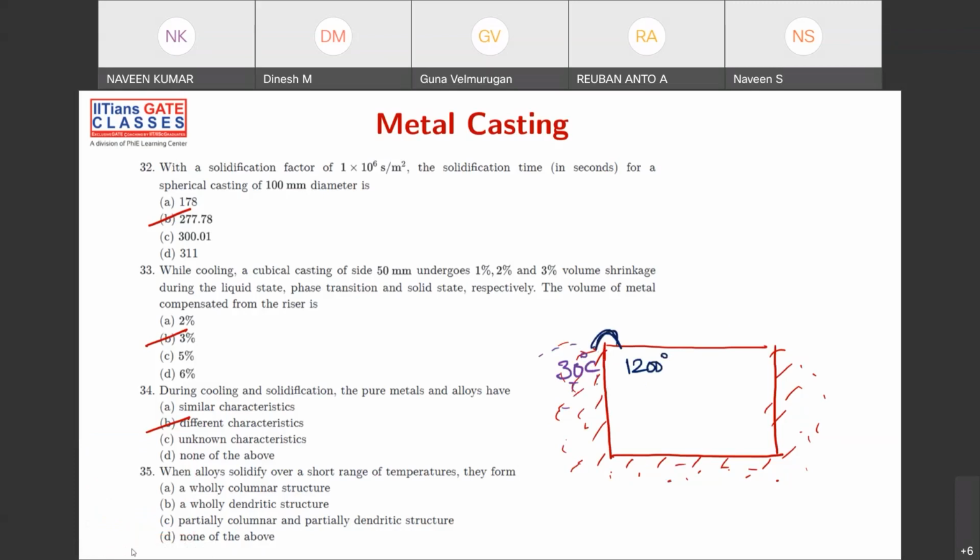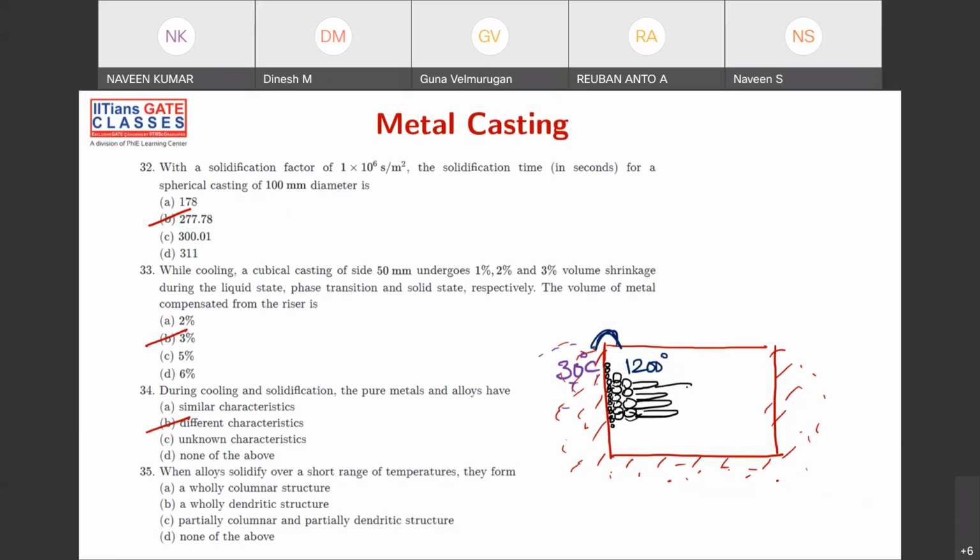Okay. So already I told you clearly in the previous class that small grains are formed on the walls because of sudden cooling. And as you keep on going inside, it will form, and as time proceeds, it will increase. And as more time proceeds, it will form this kind of columnar structures.